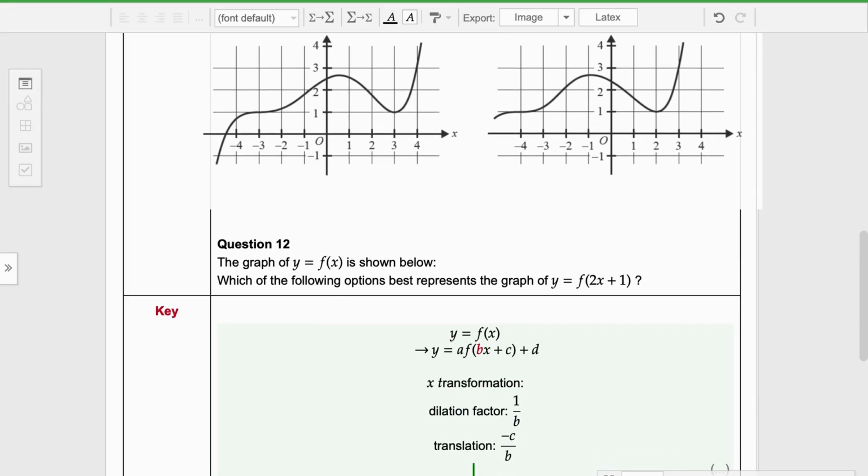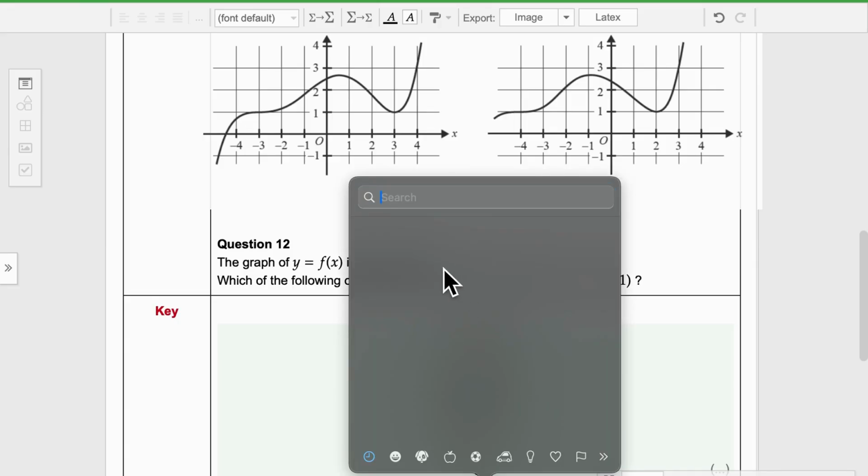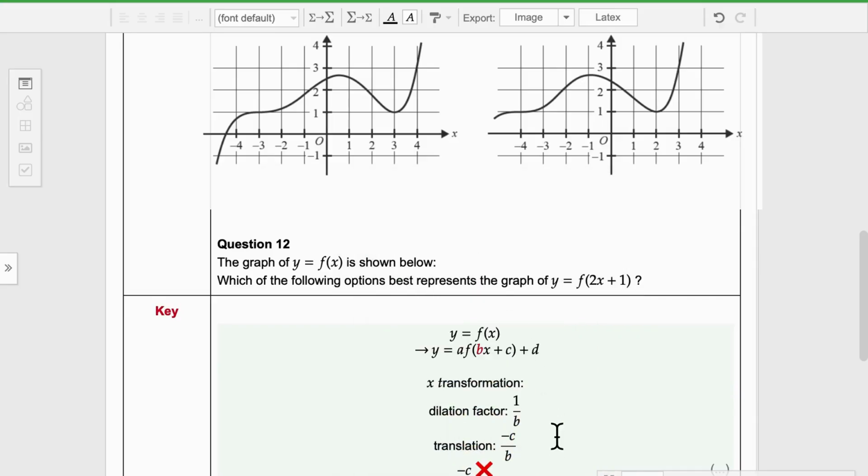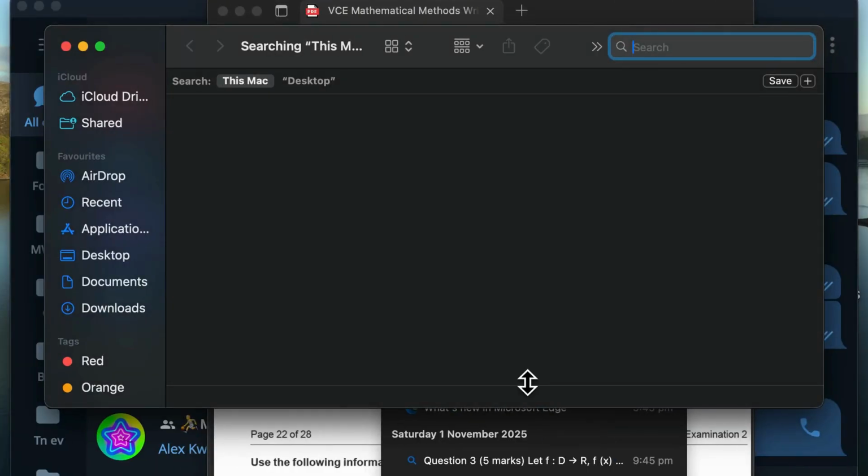So if you just give negative c, this will be the wrong answer, and the correct answer is negative c divided by b.